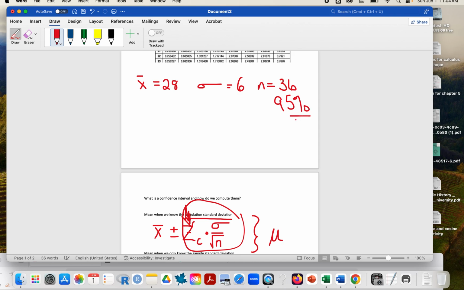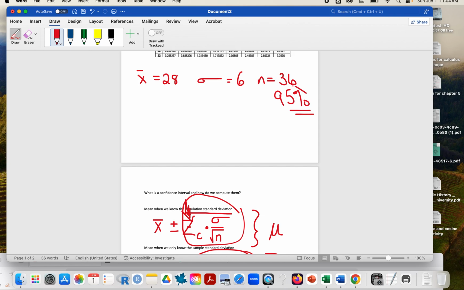Now, if you are not told what confidence level to use, you automatically use the 95% confidence interval. That's an automatic. Okay, here's what we do. We figure out our invNorm, and it'll be 0.025, because we did that earlier, and we're going to have negative 1.96 as our multiplier. What's going to happen is you're going to take 28, that's our x bar, and then plus or minus 1.96.